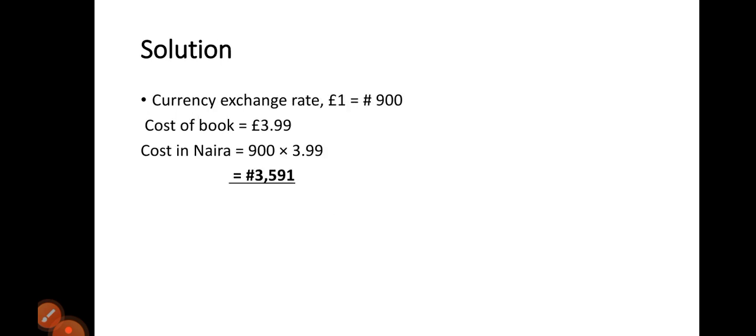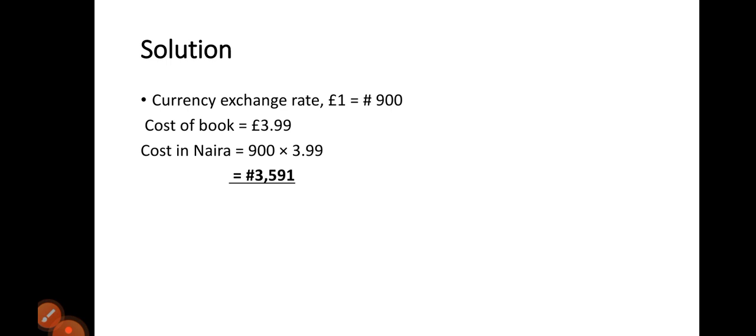Now, let's see. The currency exchange rate: if you have £1 in Nigeria, that means you have 900 naira. Now the cost of the book is £3.99, British currency.